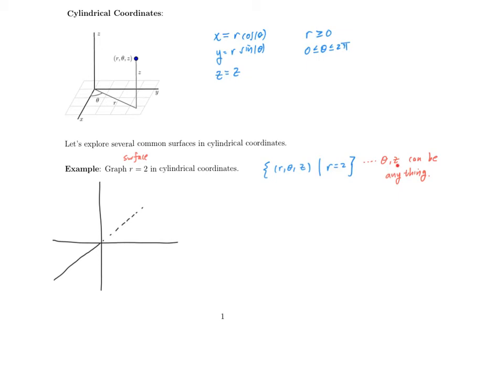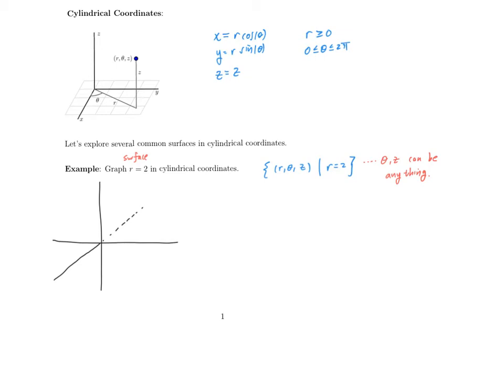Furthermore, if z can be anything, we can go as far down or up the z-axis as we would like. Let's think about this from a quantitative perspective as well, and if you already have an idea of what this looks like, pause the video for a moment and sketch the surface.